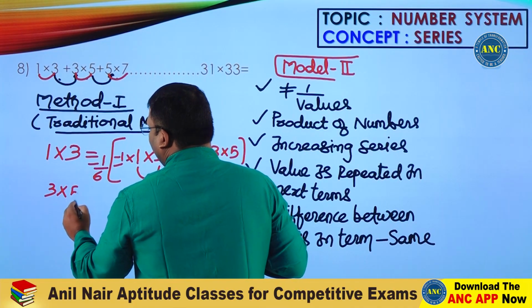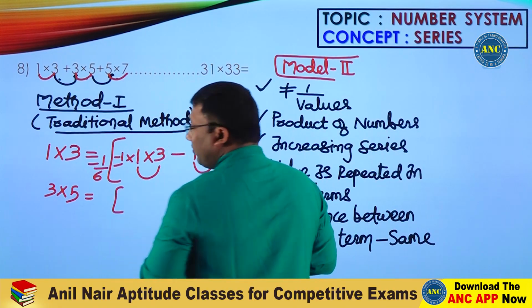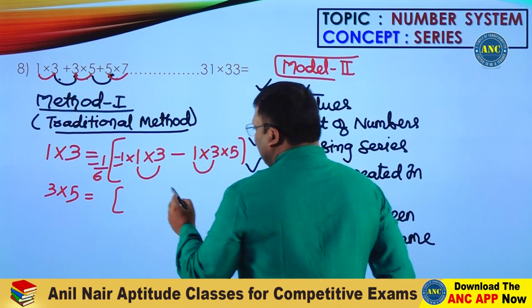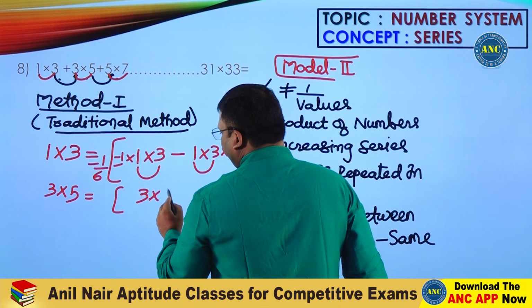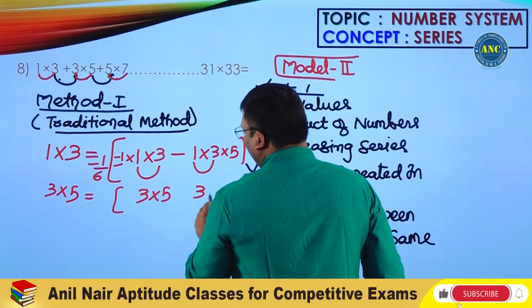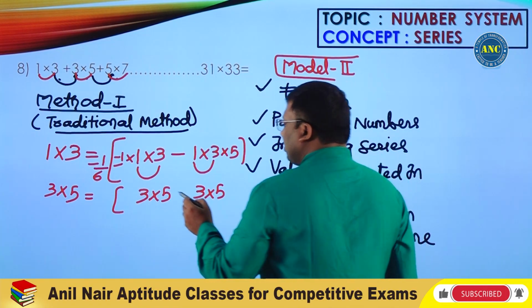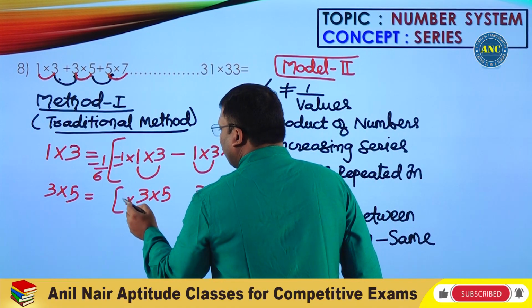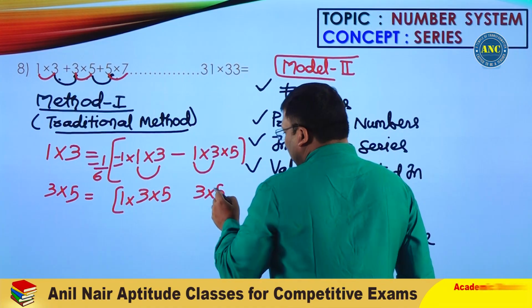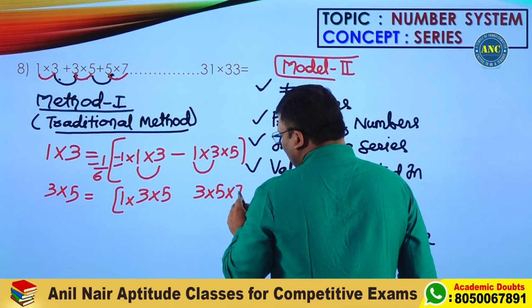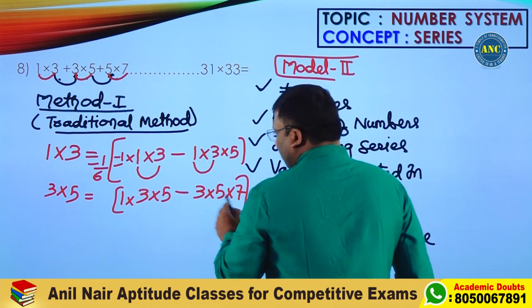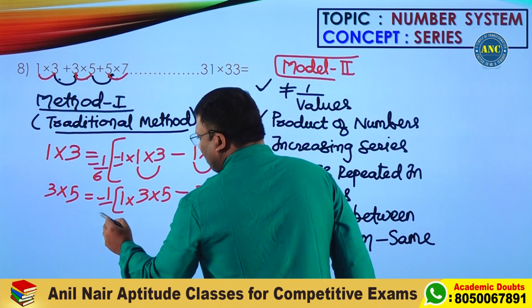3 into 5. Step 1: write 3 into 5 first. Again 3 into 5. The difference of 3 and 5 is 2. Go 2 units before, go 2 units after, minus 1 by 6.